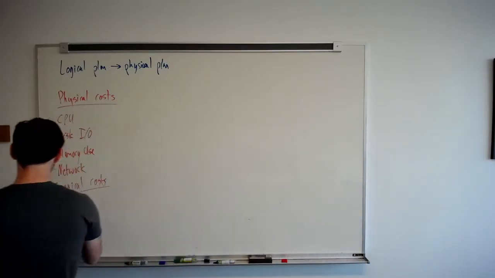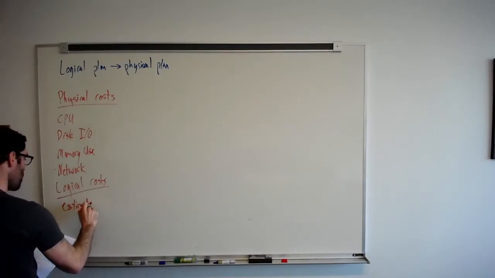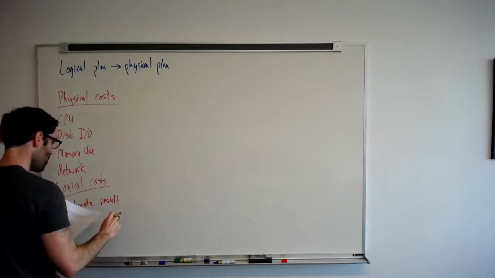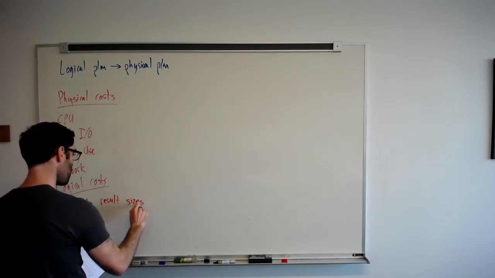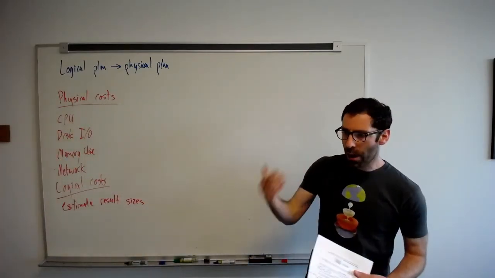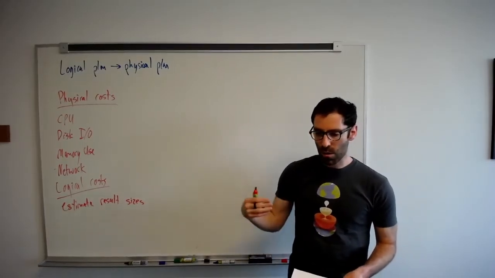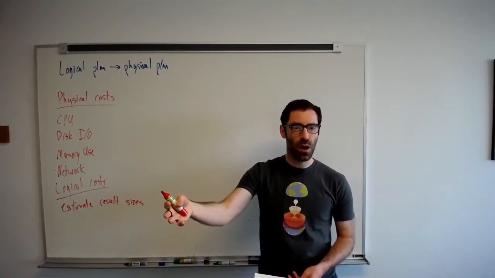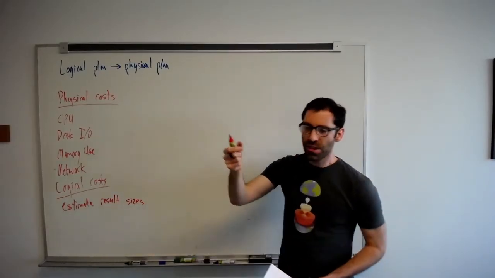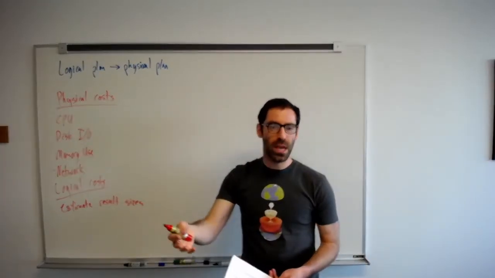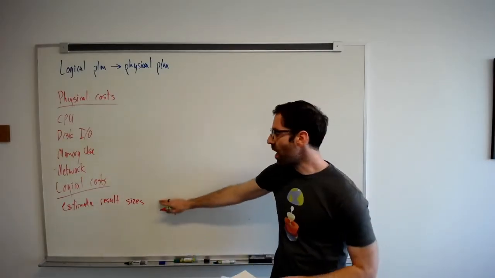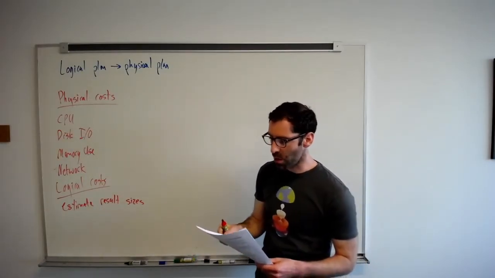So we might need to estimate, all right, for this particular plan, how many tuples do we think will need to be transferred between these two operators, because that's not a costless operation. And if we can make a different choice and shrink that size, then our logical costs will go down.